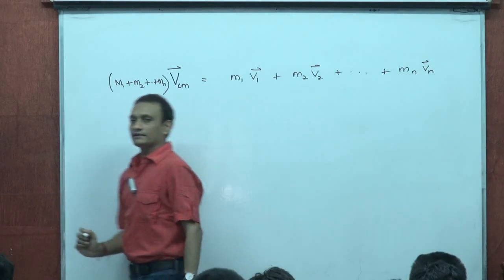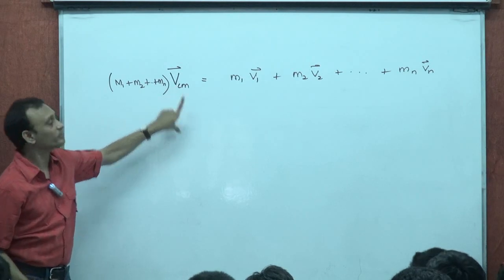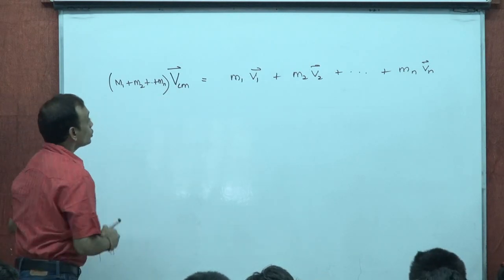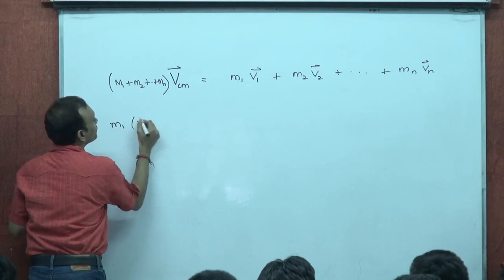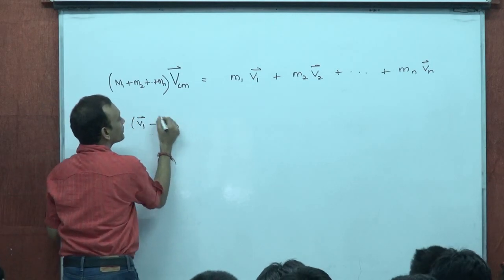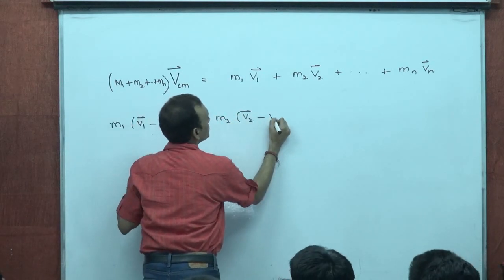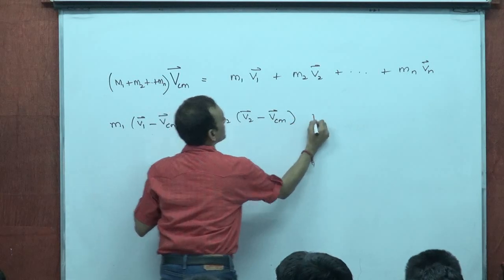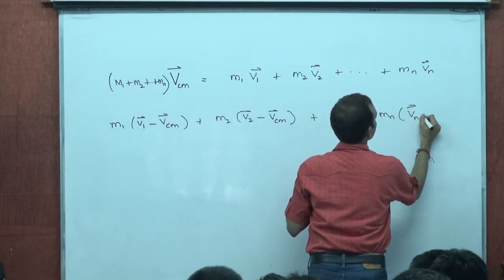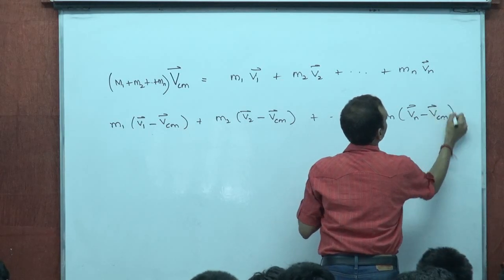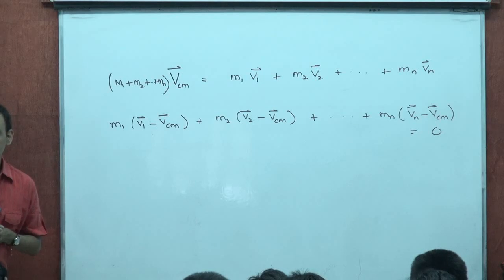For a system of particles, the velocity of the center of mass is given by this, isn't it? Which means I could write this as m1 into (v1 minus vcm) plus m2 into (v2 minus vcm) plus ... mn into (vn minus vcm) equal to 0. Could I write it this way? Rearranging the terms.